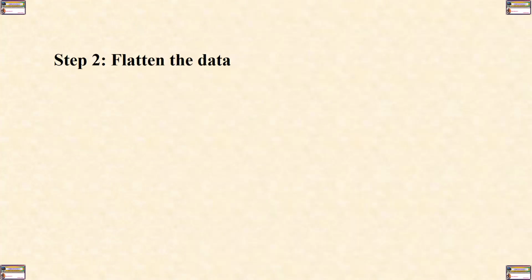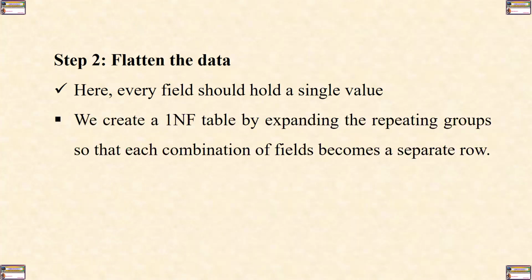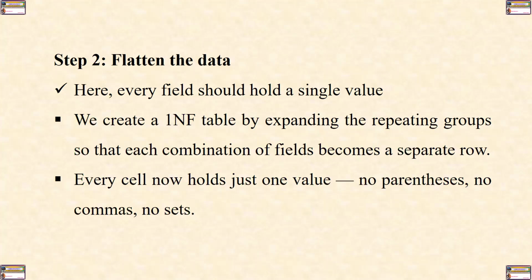Once we have done that, step two in the process is to flatten that data. To flatten that data simply means that we split each of them so that each field owns a single value. We create a first normal form table by expanding the repeating groups so that each combination of fields becomes a separate row.